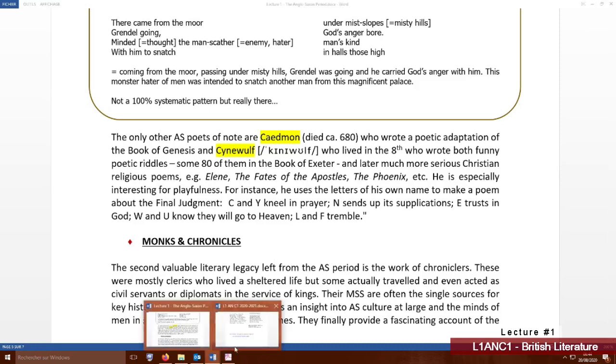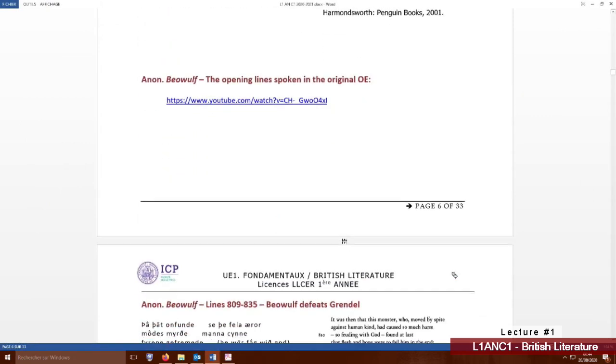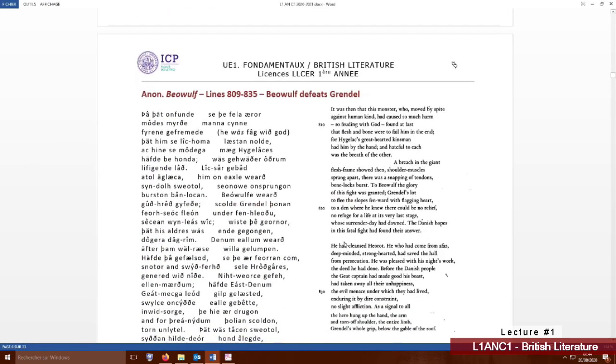So I'll end this section by having a look at a final excerpt from Beowulf I've given you here. I'm giving you the Anglo-Saxon original. You can try to pick up a few words. Maybe sometimes you will be able to.